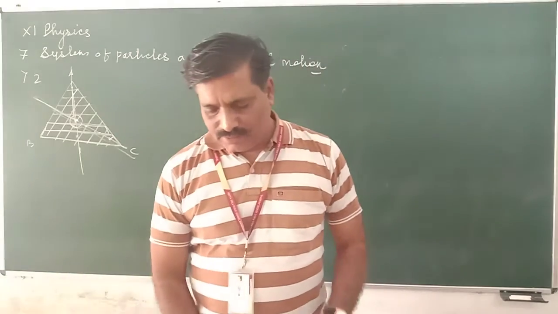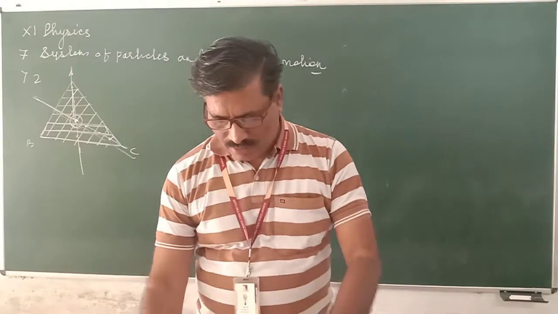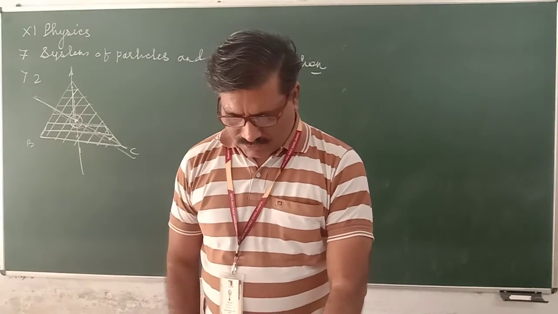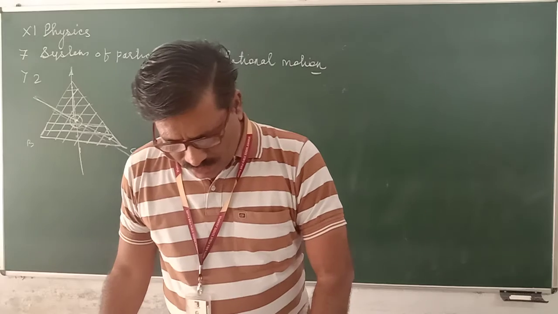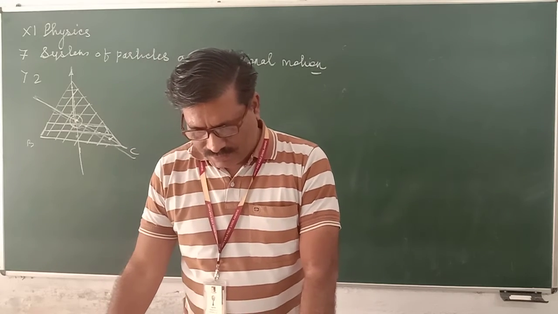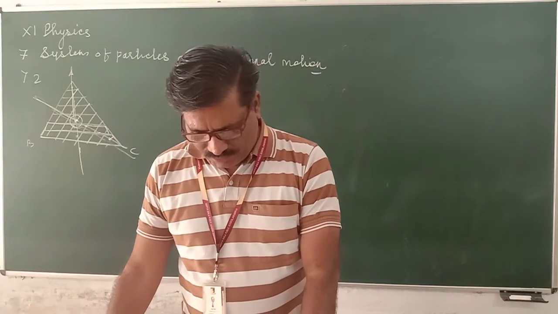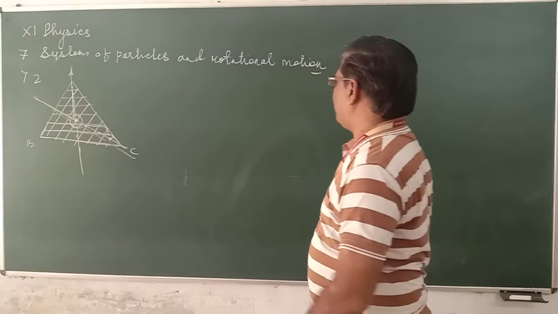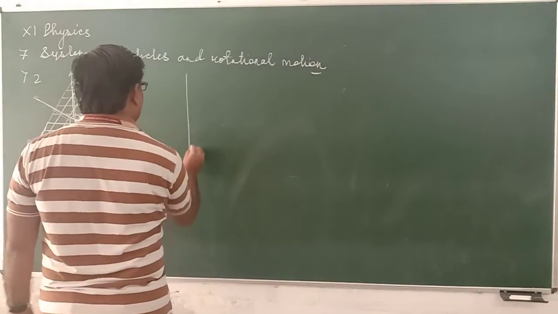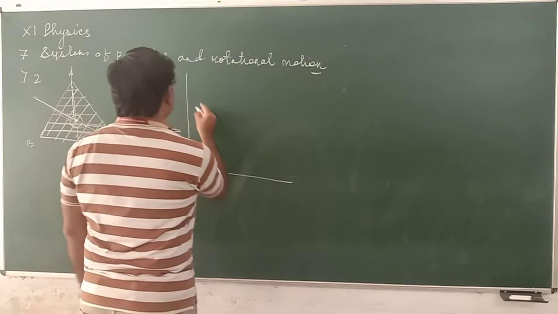Let's read 7.3. Find the center of mass of a uniform L-shaped lamina, that is a thin flat plate, with the dimensions as shown in the figure. It is given in this way, an L-shape.